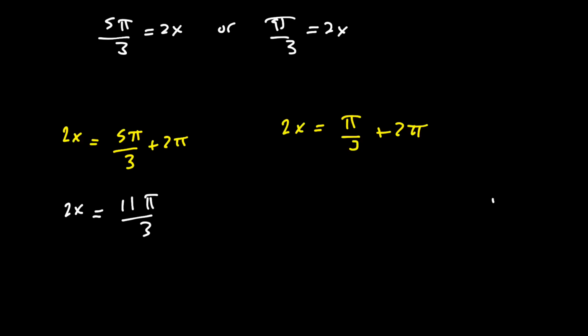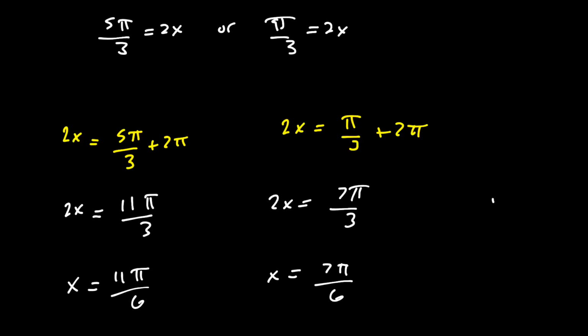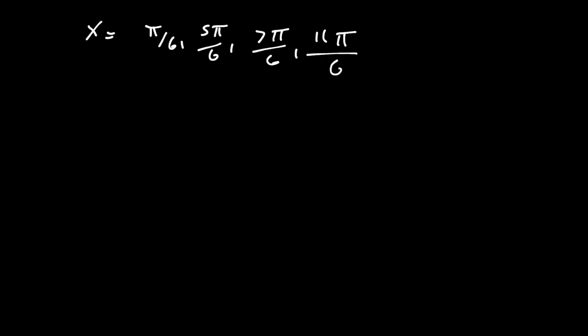And on the right-hand equation, we get 2x is equal to 7 pi divided by 3. And finally, we'll get x is equal to 11 pi divided by 6, or x is equal to 7 pi divided by 6. Therefore, this equation has four solutions, and we'll rewrite these on the next page. Either x is equal to pi divided by 6, 5 pi divided by 6, 7 pi divided by 6, or 11 pi divided by 6.